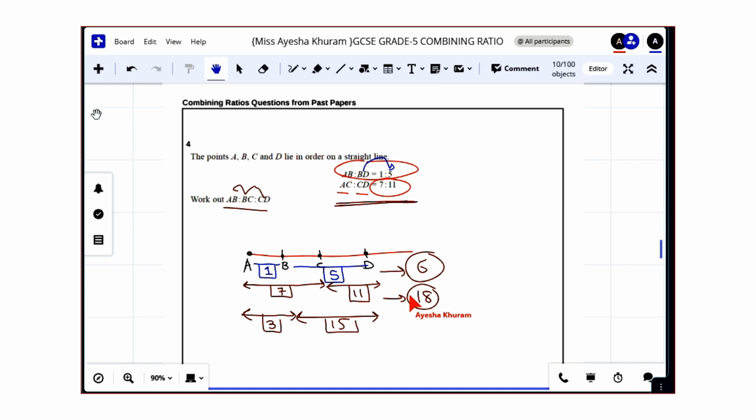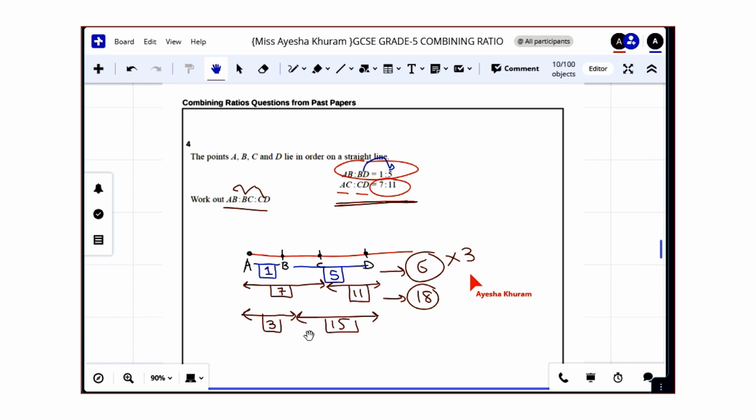Because 6 times 3 is 18. So don't be confused. This blue part, AB to BD, is 1 to 5. Then AC to CD is 7 to 11: A to C, the brown part, is 7, and C to D is 11.